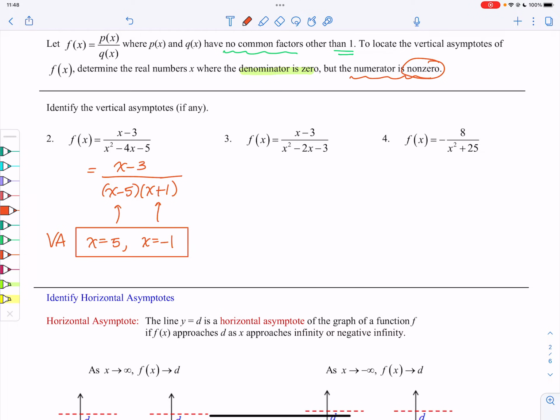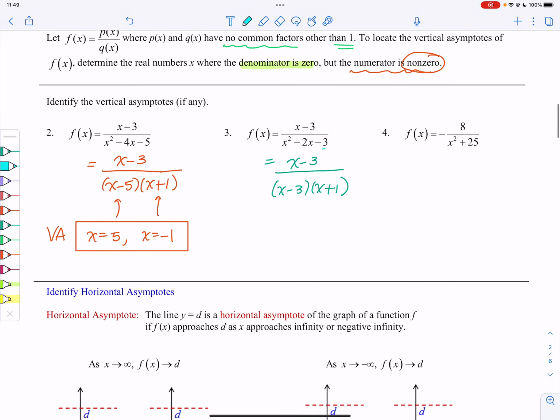Looking at number 3, we have x minus 3 in the numerator, and x minus 3 multiplied by x plus 1 in the denominator. We can cancel the factor x minus 3, and we're left with 1 divided by x plus 1.